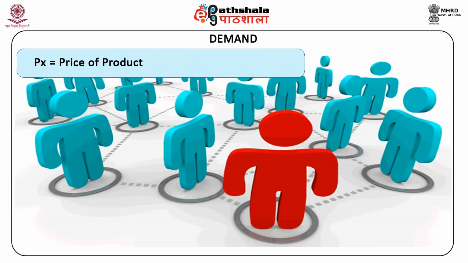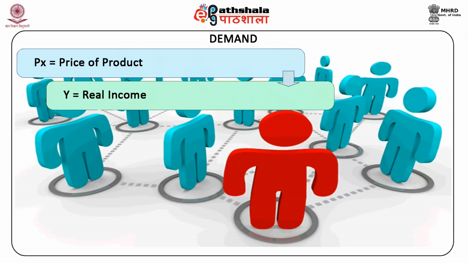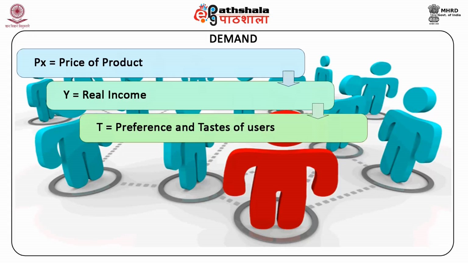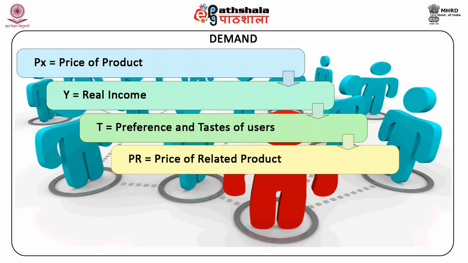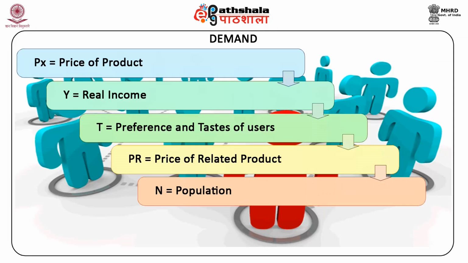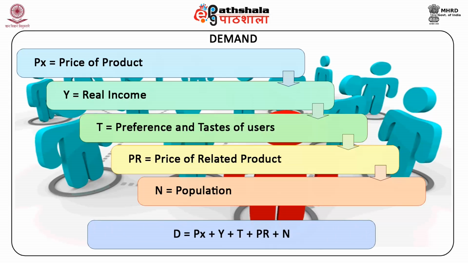Px, which equals the price of product, Y, which is the real income, T, which represents preferences and taste of users, PR represents the price of related product, and N represents population, which can be represented by way of the mathematical equation as D = Px + Y + T + PR + N.